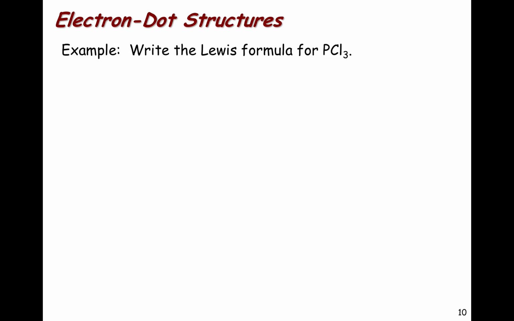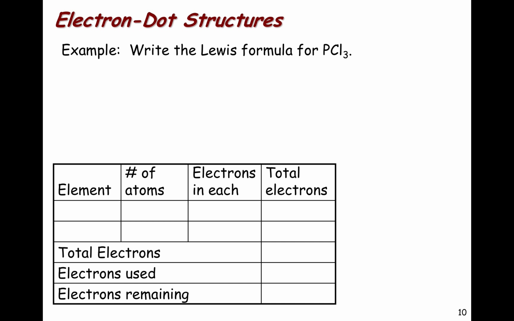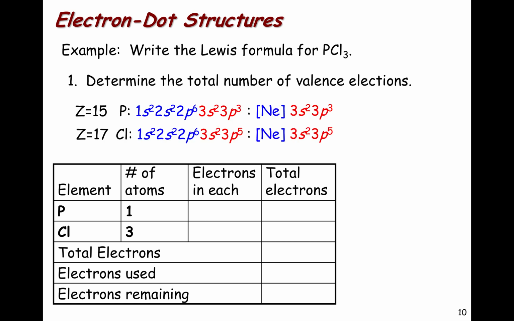In this slide, we'll go through the process of writing Lewis dot structure for a typical molecule, in this case PCl3. So we're going to follow the process by using this table. Initially, we are going to consider both phosphorus and chlorine. So the number of atoms, we have 1 phosphorus and 3 chlorines.